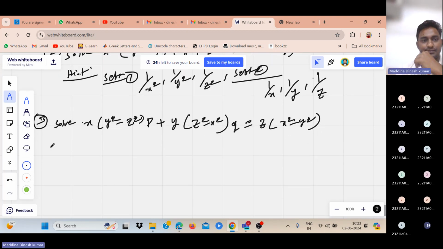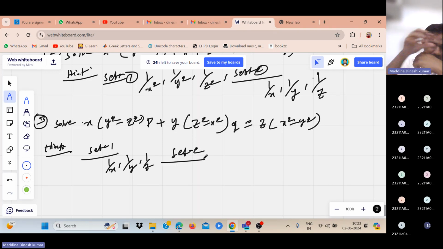For this, hint is set of multipliers. Set 1: 1 by x, comma 1 by y, comma 1 by z. Set 2 multipliers are x, comma y, comma z.